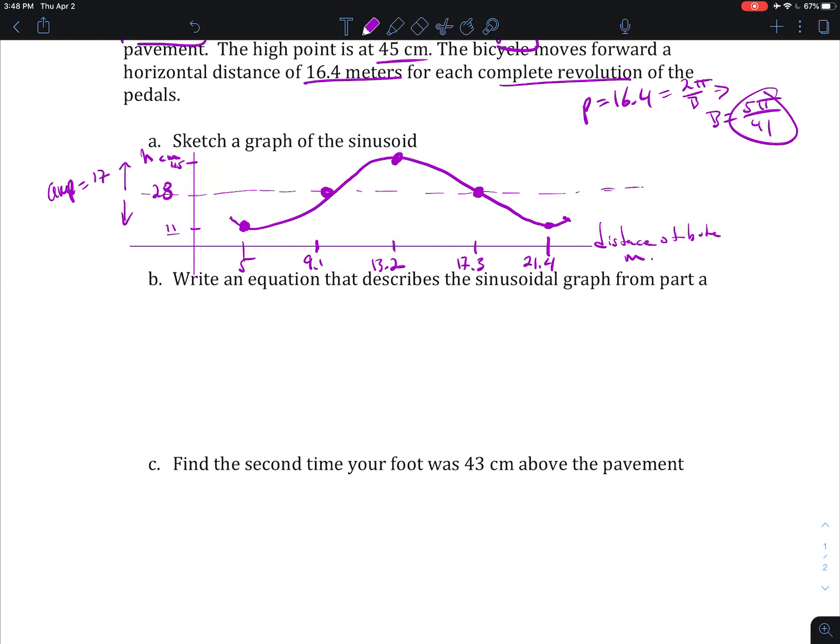So I think I'm ready to write my equation. My height is equal to negative 17 cosine 5 pi over 41 x minus 5, and then plus 28.